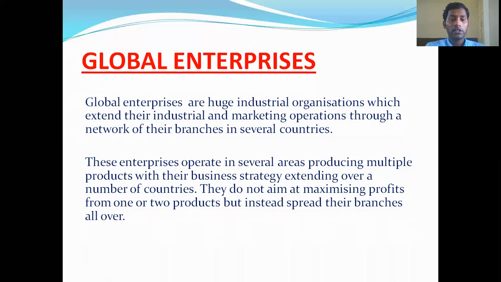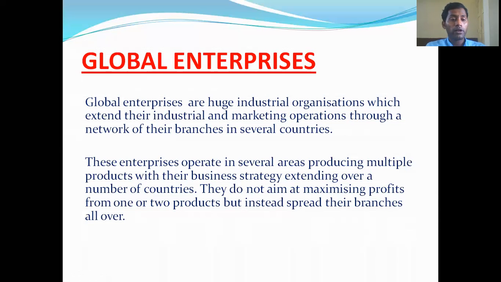Their first and foremost intention is to extend, to have branches throughout the world. They have multiple products, not one or two, but 50 to 100 products in their company. That made them global enterprises.